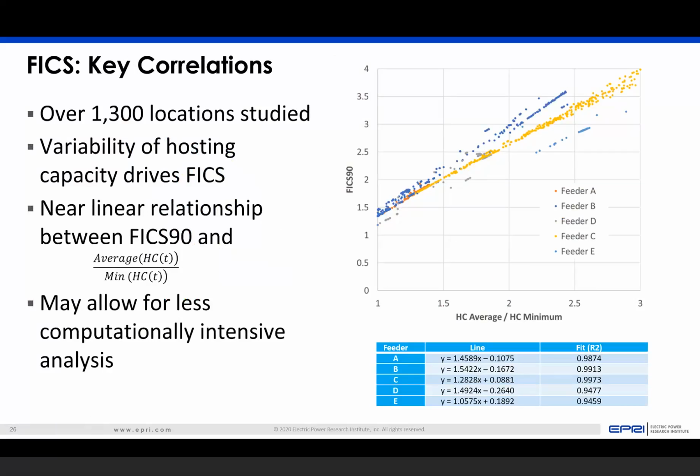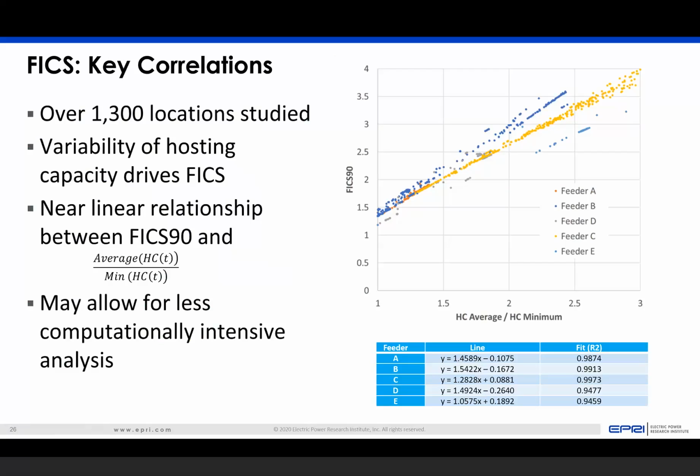So we charted out this FICS 90 point. So this is that 10% curtailment off of the uncurtailed value on the y-axis, and on the x-axis is the average hosting capacity across the year divided by the minimum hosting capacity.